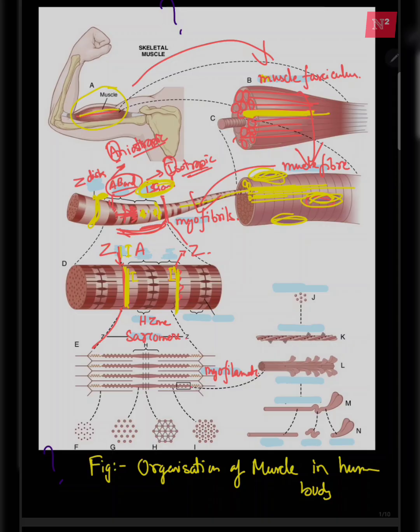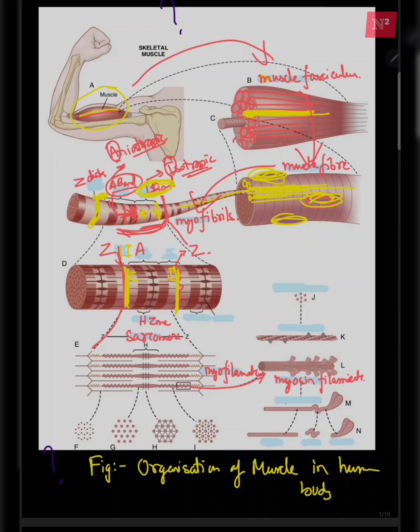If you enlarge these myofilaments, you will see it's a collection of hockey stick shaped filaments. Those are called myosin filaments.